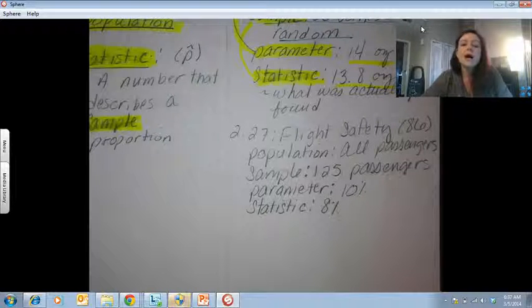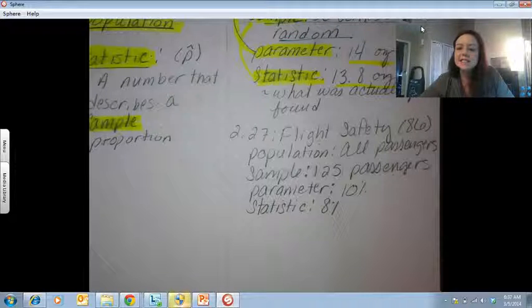So, flight safety on page 86, the population are all airline passengers. Okay, that's what we're looking at. The sample is those 125 passengers from that one flight from New York to Denver. The parameter is 10% because 10% of all passengers are supposed to be tested for screening.